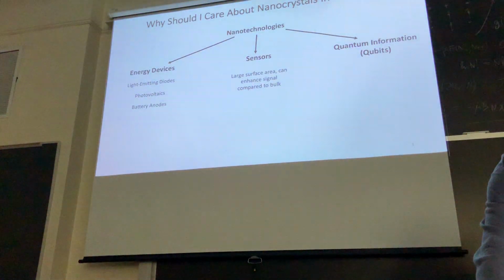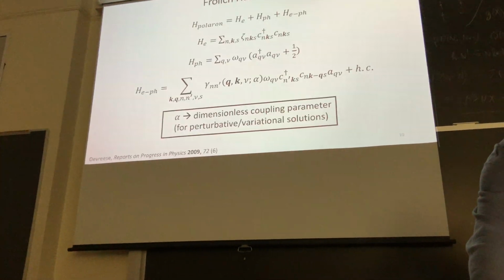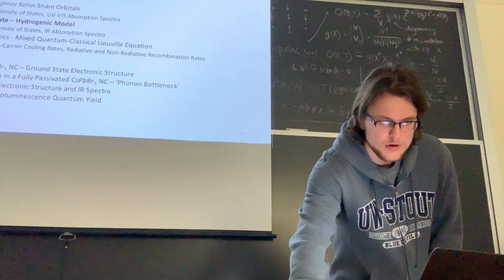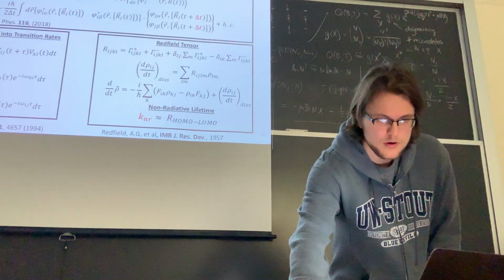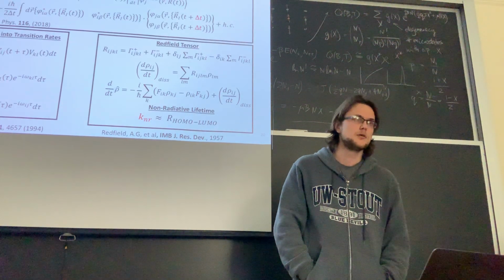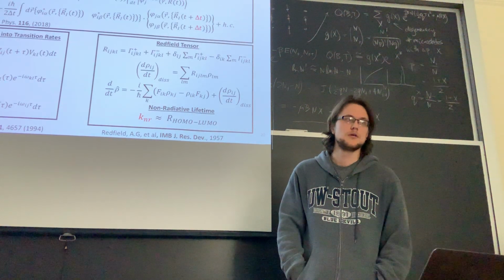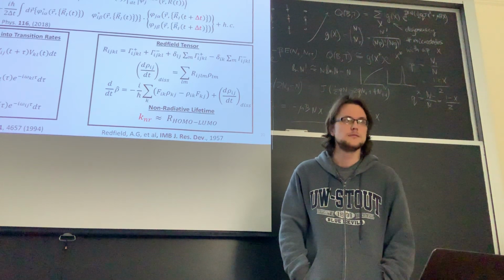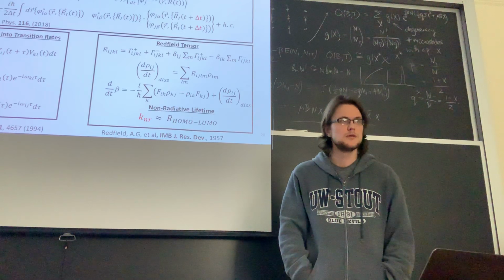So the level is not deep, but it's not shallow either; it's deep enough that the value is much bigger than the thermal energy, right? Yep. So by carrier cooling, you mean the carrier gets trapped at that defect level and is slowed down a little bit? That's what you mean by carrier cooling?